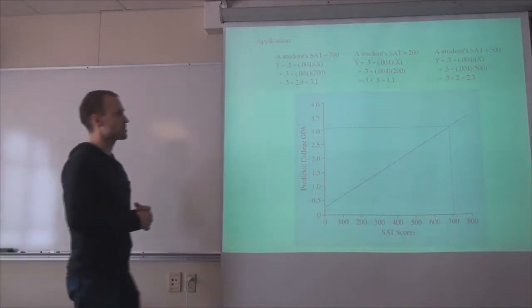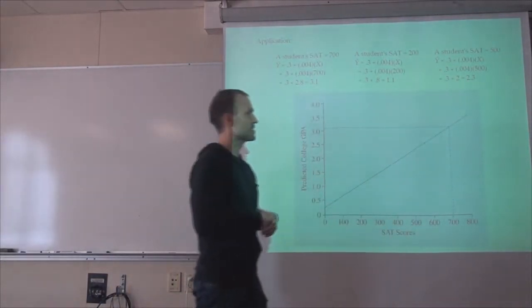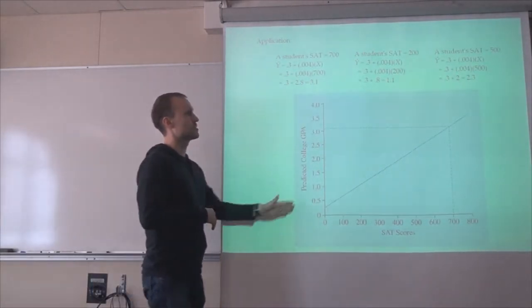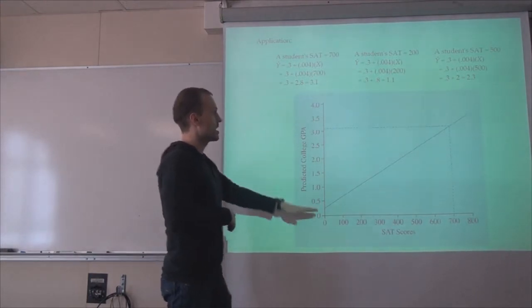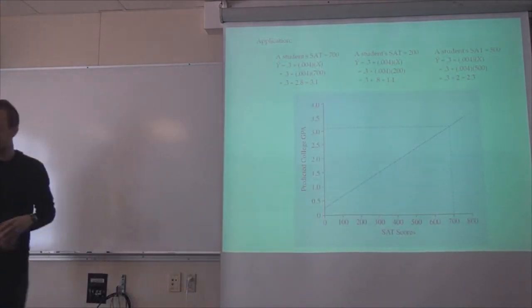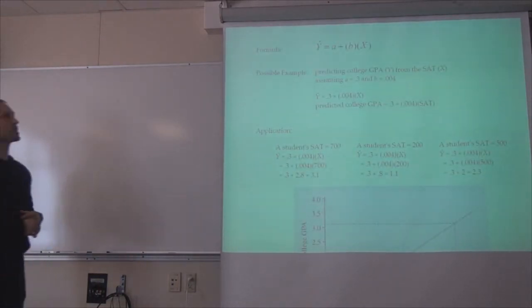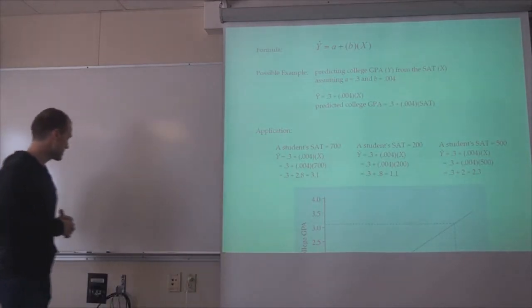So if I were to graph this with the SAT score, the x variable, on the horizontal axis, and the GPA, the y variable, on the vertical axis, I'm going to see that everything sits in a straight line. And that fits with the fact that that top formula or equation is the equation for a straight line.